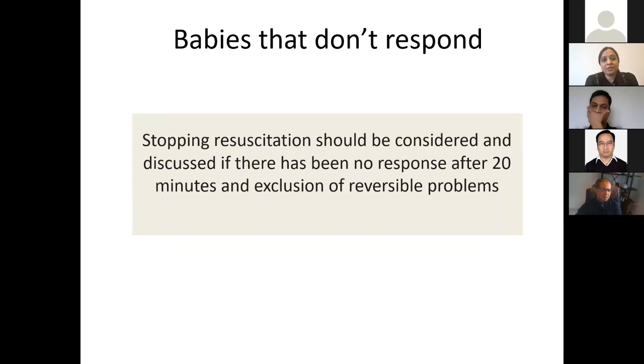And for babies that don't respond, ideally this shouldn't be a single person making this call, it is a team discussion. And if you've done good quality resuscitation, you've ruled out all the reversible problems, and there has been no response after 20 minutes, then stopping resuscitation should be considered. Okay.